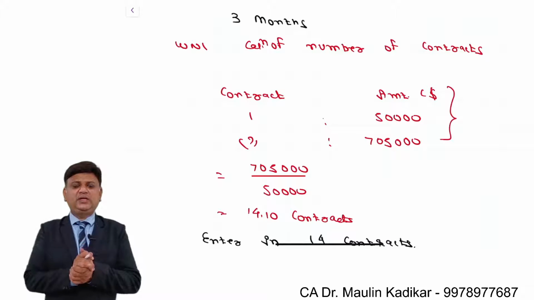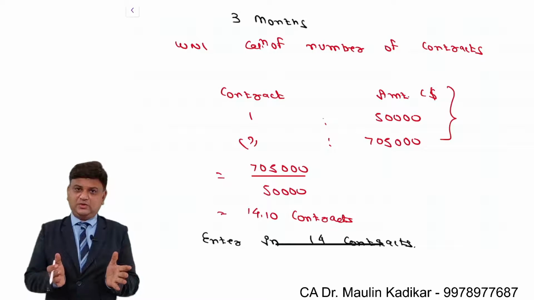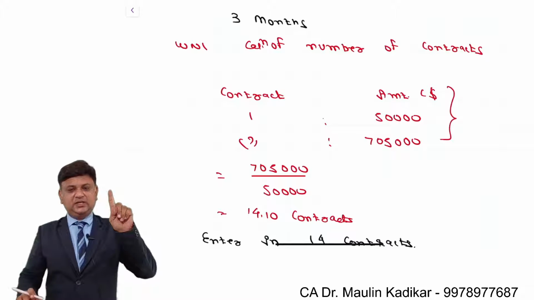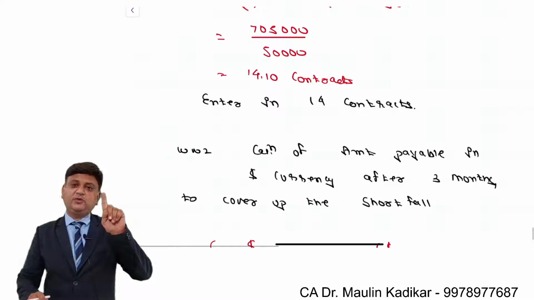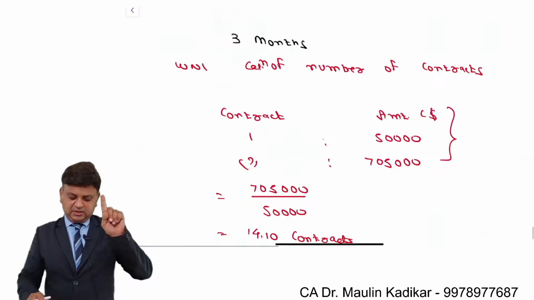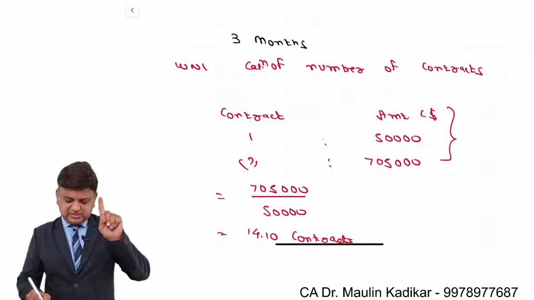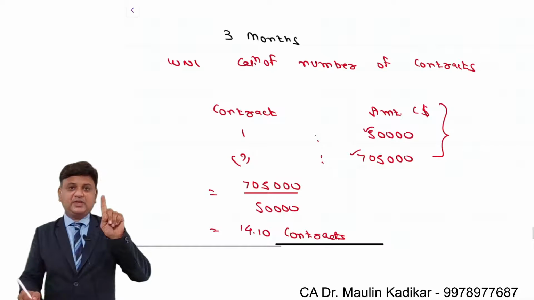Friends, most importantly, I revise for you the working for the option contract. The first is the number of contracts. You enter into, let us say, 14 contracts. Taking into account the lot size and the amount of the consideration, we determine the number of contracts to be entered upon.